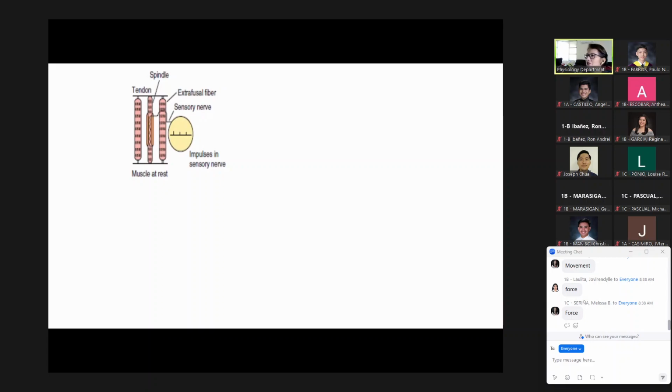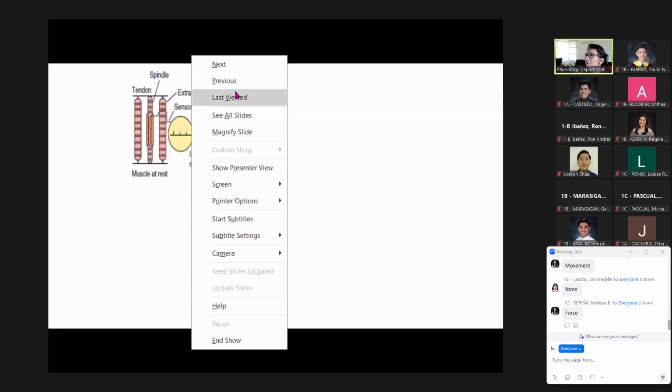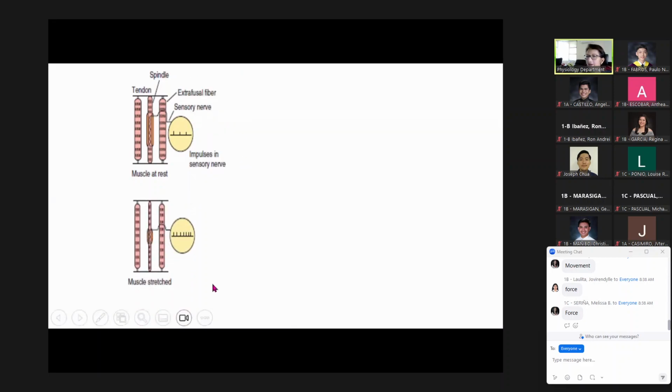Di ba? So here, we have a schematic drawing wherein the muscles are at rest. So what happens when the muscle is stretched? When the muscle is stretched, the muscle spindle is also stretched. And as you can see, there is an increase in the generation of impulses when the muscle is stretched.